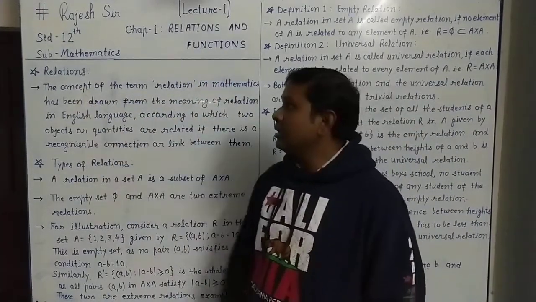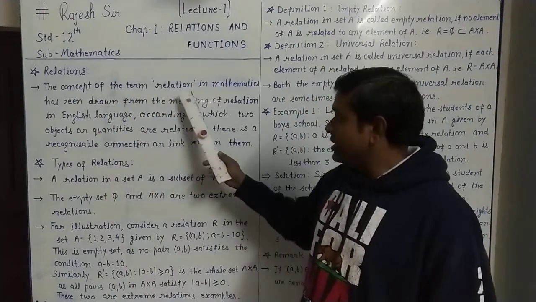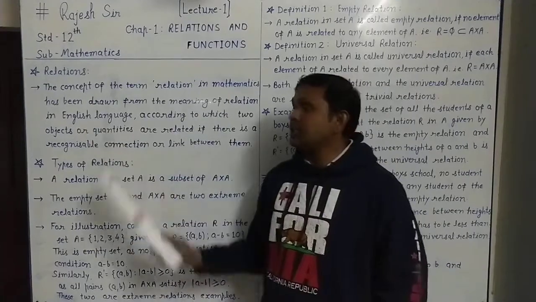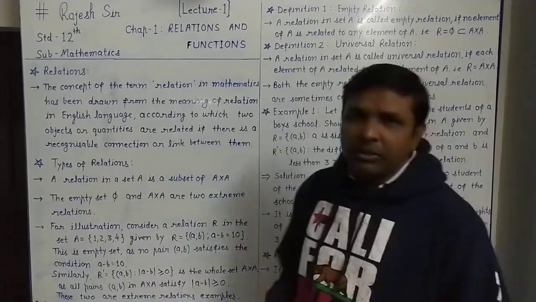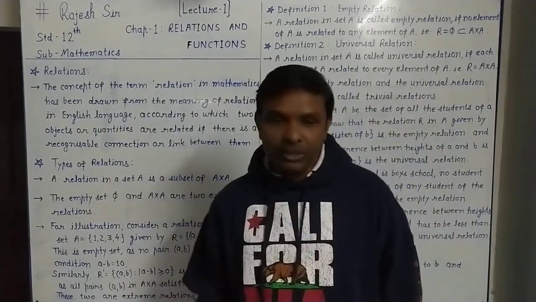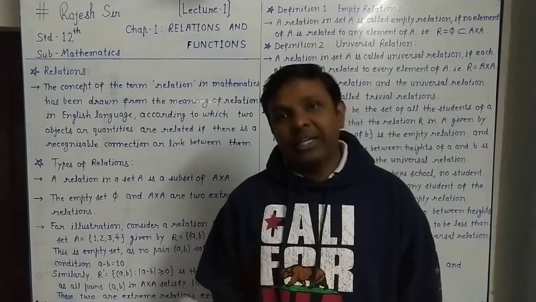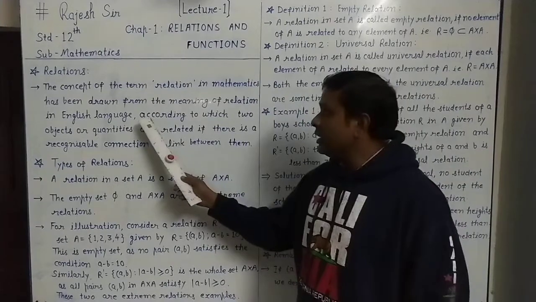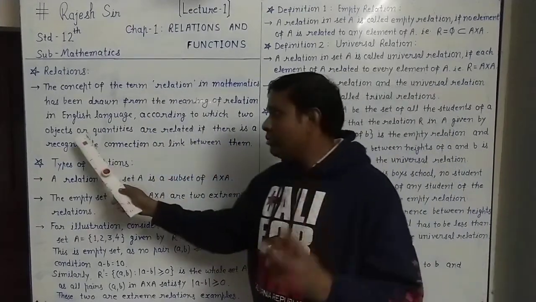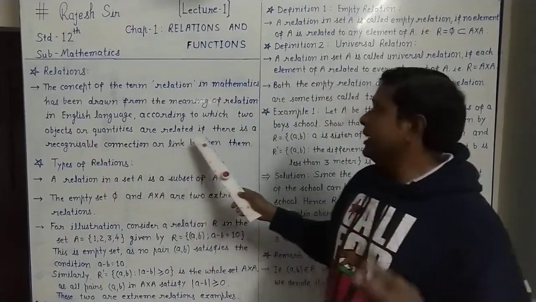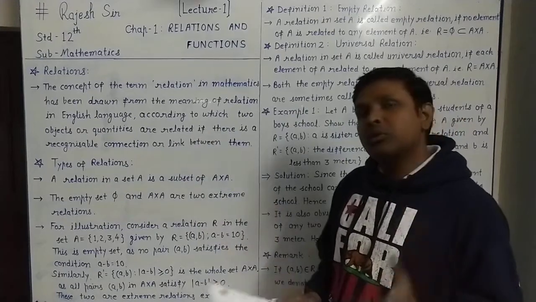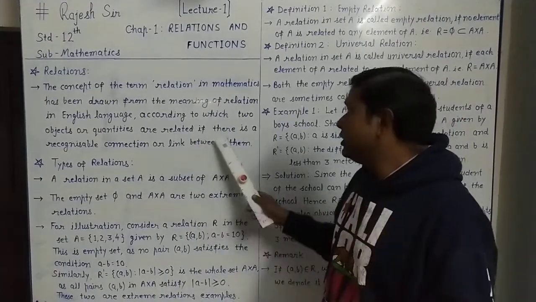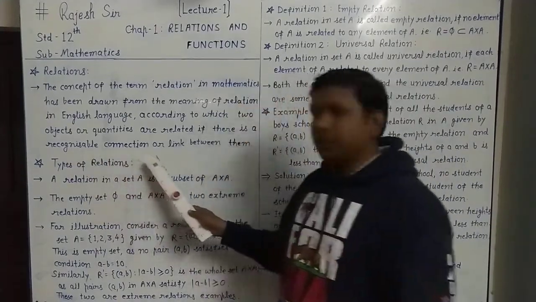The concept of the term relation in mathematics has been drawn from the meaning of relation in the English language. As we know, in English, relation means something is connected to another thing. That is the same here: two objects or quantities are said to be related if there is a recognizable connection.